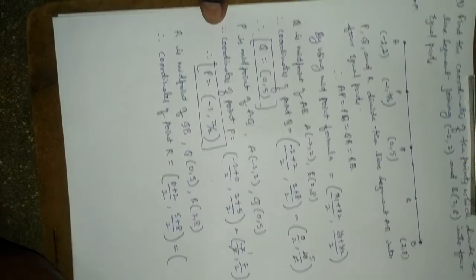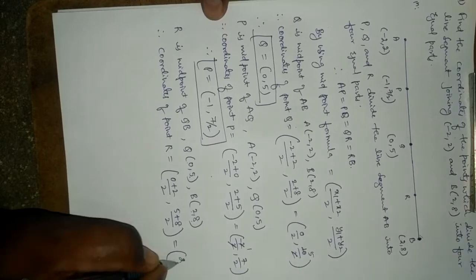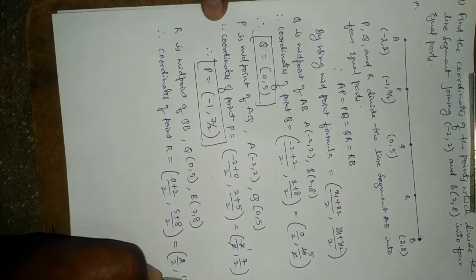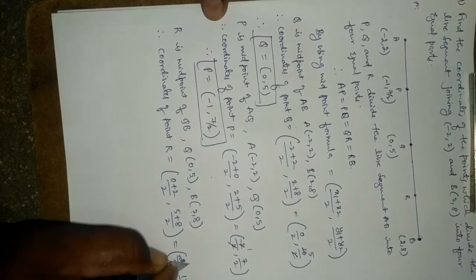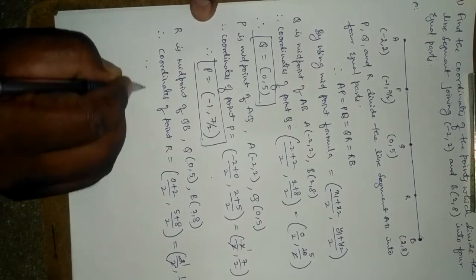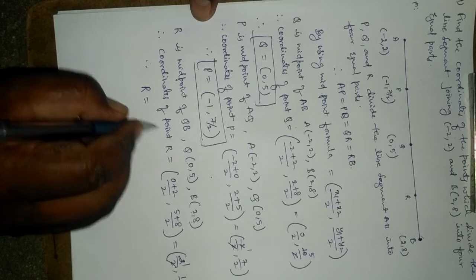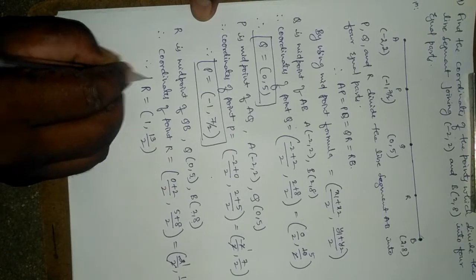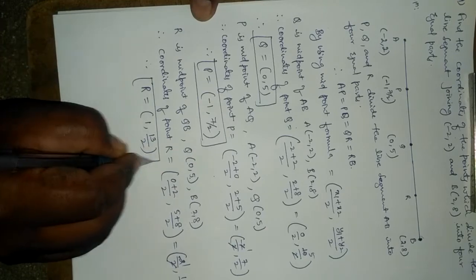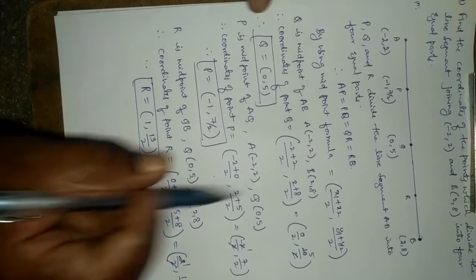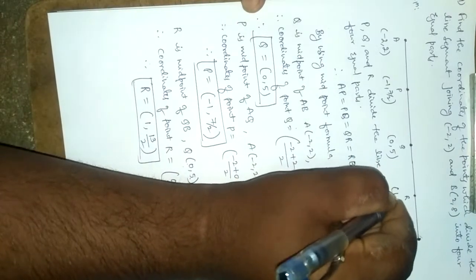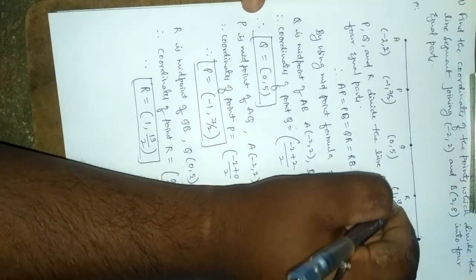So this is equal to 0 plus 2 is 2, 2 by 2, comma, here 5 plus 8, that is 13 divided by 2. I simplified here itself. Therefore the coordinates of point R are (1, 13/2). So these are the coordinates of points P, Q, R.